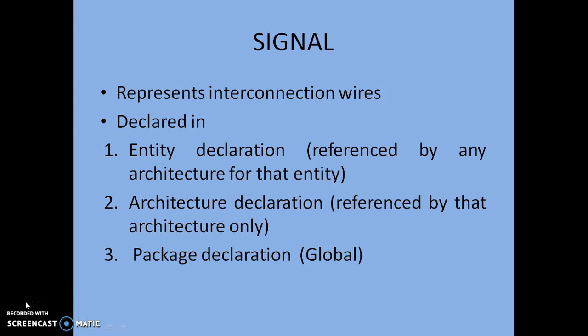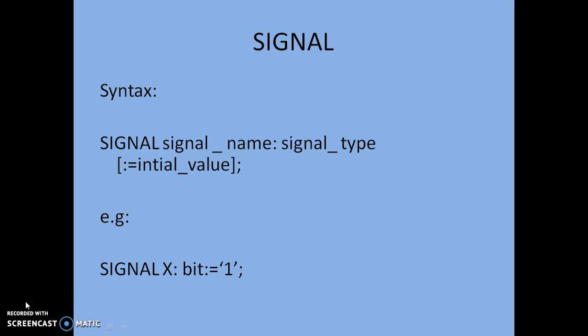Similarly, in VHDL, you have an architecture body in which you can declare the signal, as well as in packages. Whatever signals you declare in a package are considered a global declaration, whereas whatever you declare in an architecture is local to the architecture.